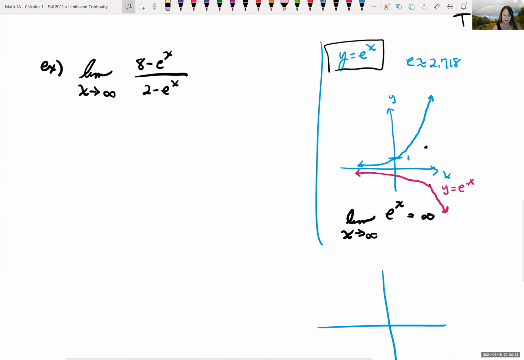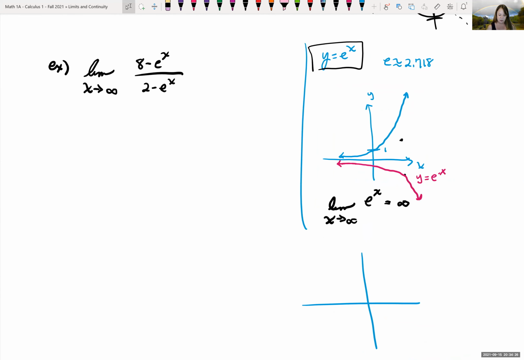And so if we look at the limit as x is approaching infinity of negative e to the x, that's shooting downwards. So this is equal to -infinity.